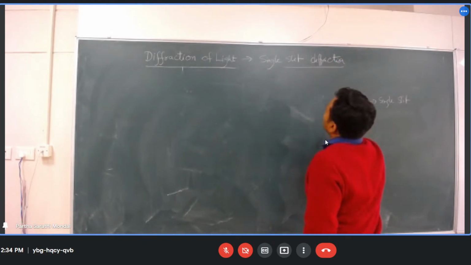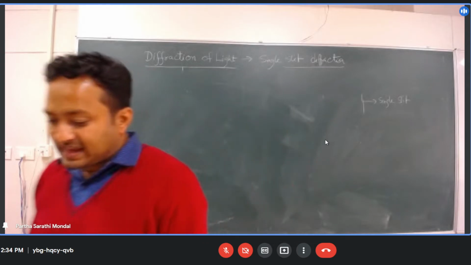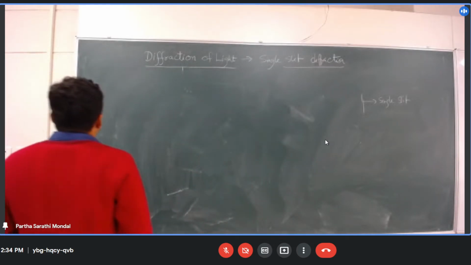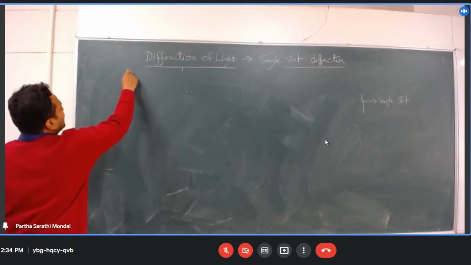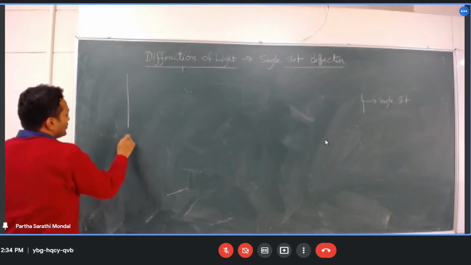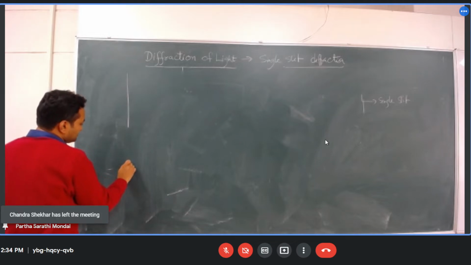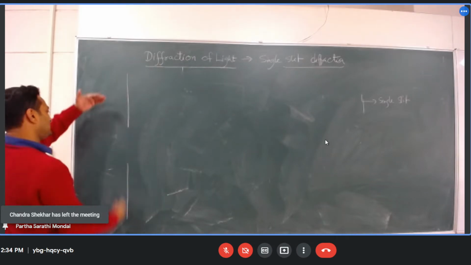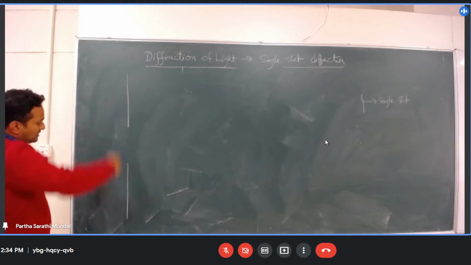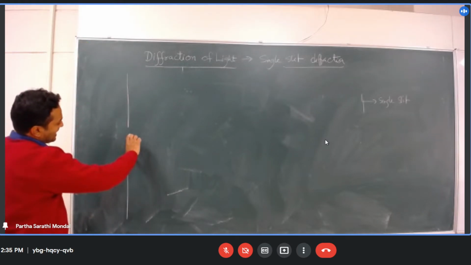Okay, so now as I said, you need to have an infinitely long slit with an opening, let's say B. So infinite, meaning it is a plate which is infinitely long and a little bit is empty, open.